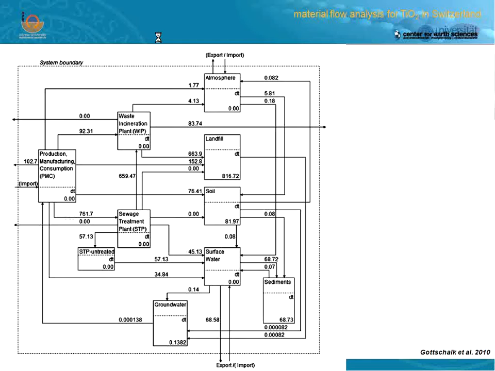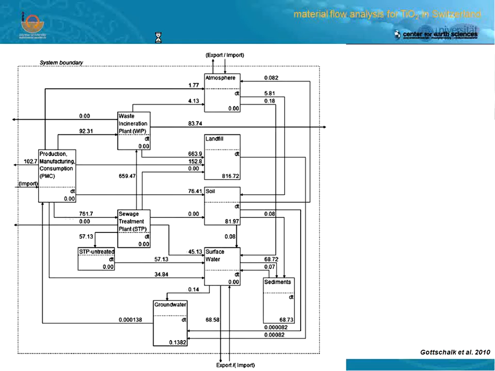Based on nearly no knowledge about the real flows of these materials, they just used different compartments: the production and manufacturing of titanium dioxide particles, waste incineration plants, sewage treatment plants, surface water, soil, landfill, atmosphere, groundwater, and the sediments. We have an export out of the boundaries of our model and an import into Switzerland and export out of Switzerland. Then they tried to estimate the flows and the storage volumes in these different compartments.